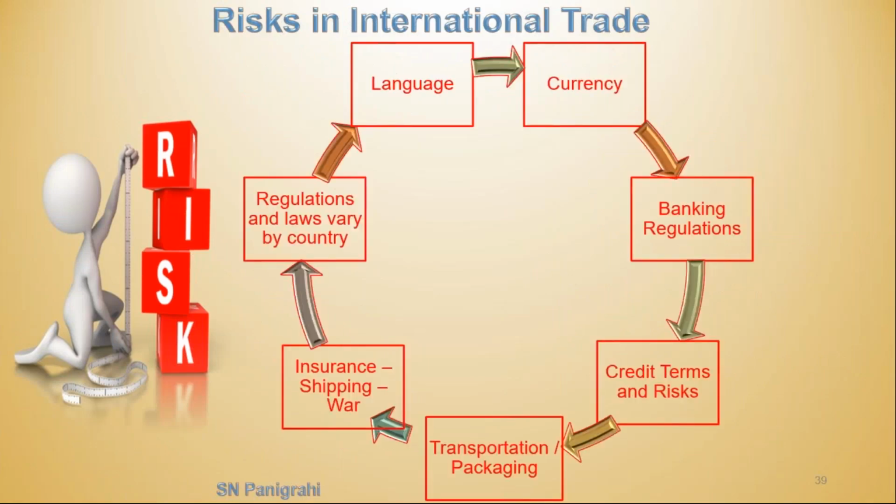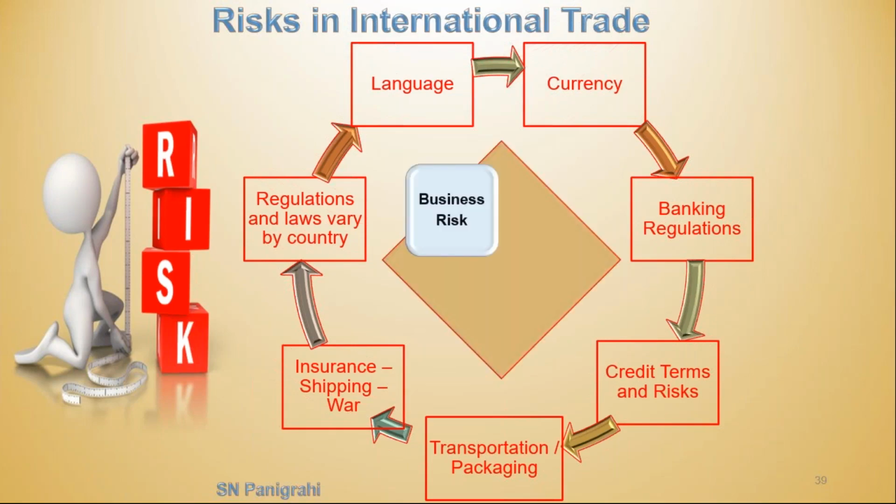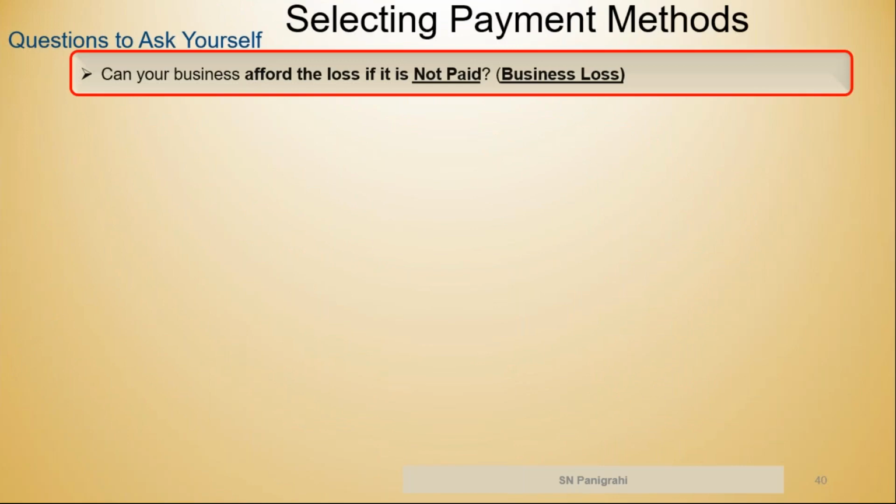There are a lot of risks in international transactions: currency related, banking regulation related, credit related, transportation, packing, insurance regulations, and many more. How to mitigate some of them, I will tell you. Okay, selecting the payment methods, there are various options you have to think of first.